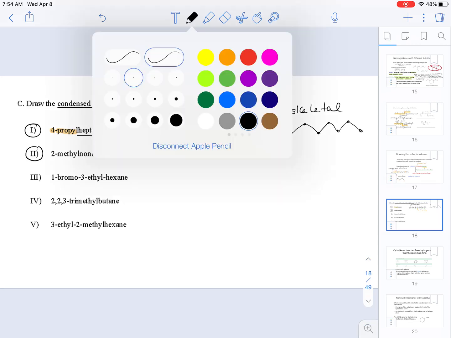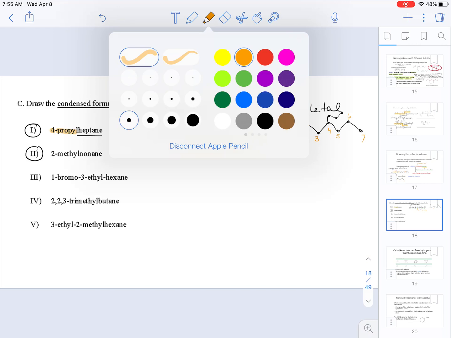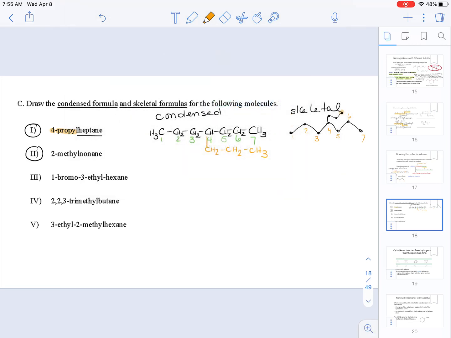And then I'm going to number my carbon atoms. 1, 2, 3, 4, 5, 6, 7. On carbon 4, I have 1, 2, 3 to represent that propyl group. So that represents that group.